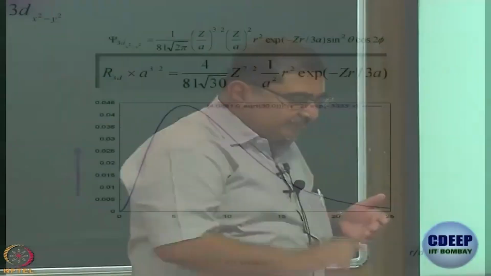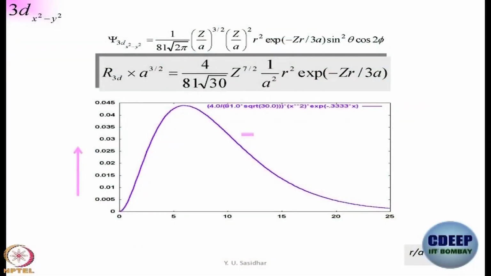Okay. Now, if I want to do this discussion from the point of view of symmetry, what I need to do first of all is I need to remind ourselves of the form of the wave function of the d orbitals. This is the wave function for 3d x square minus y square. So, why do we call it 3d x square minus y square? Because if you look at the wave function, what do you have?